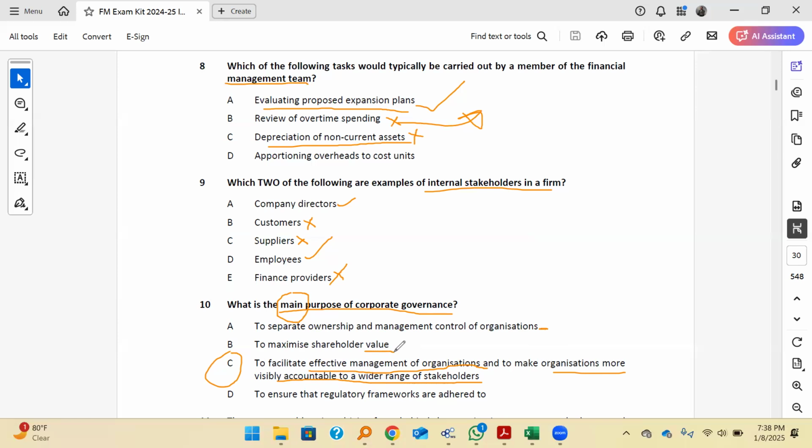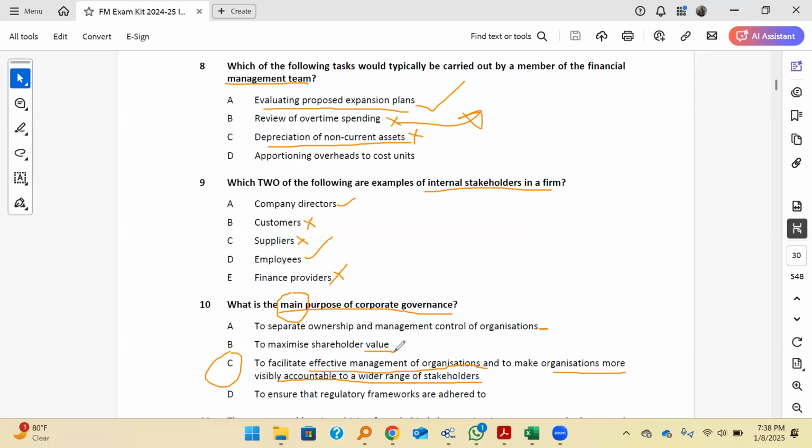Because ideally, what used to happen was that directors would work so hard to make shareholders happy, but at the expense of employees, paying them very little money, forcing them to work longer hours and all that. Because for them, all that mattered was to make their shareholders happy.